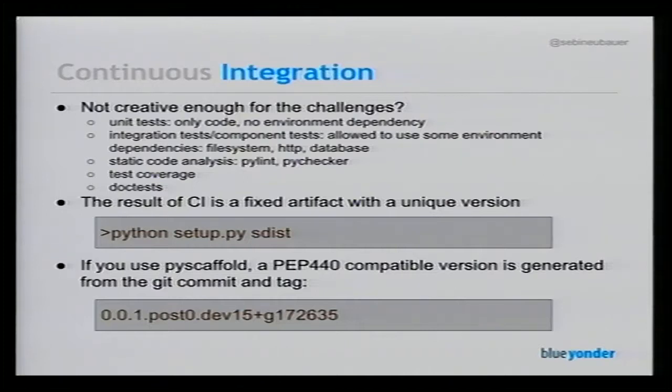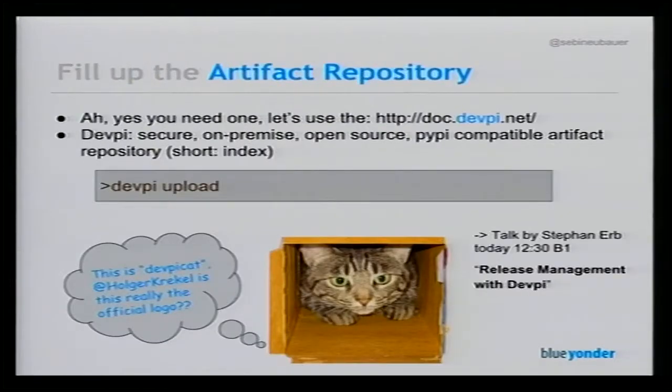And dev 15 means it's the 15th commit after the last tag. The thing behind it is ignored by pip, but it's the git ref. So it's quite easy to reference from your version. When you find a package somewhere, you can directly see to what git commit this refers. It's quite handy.